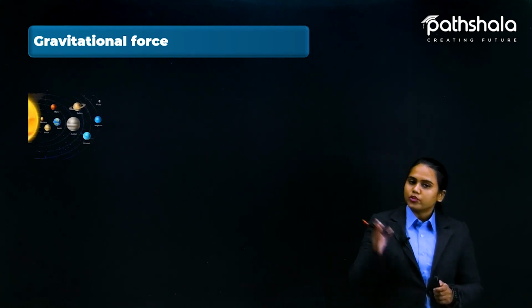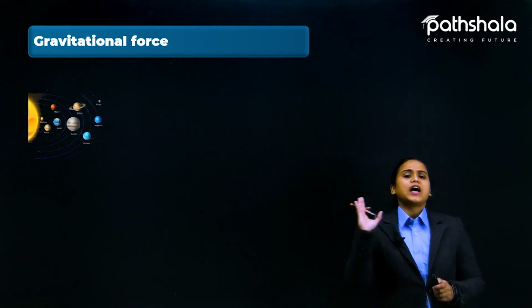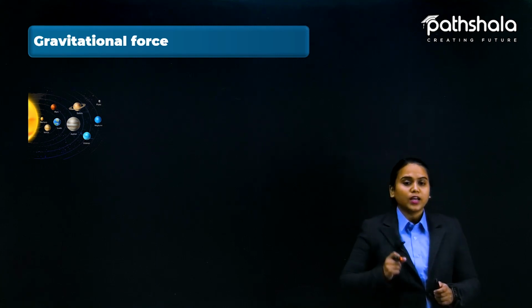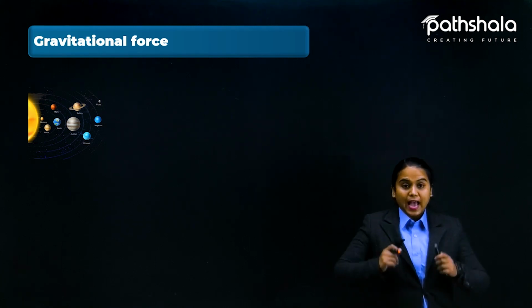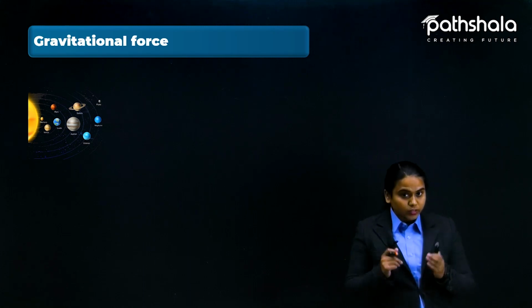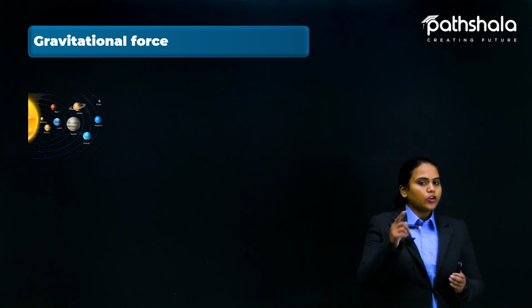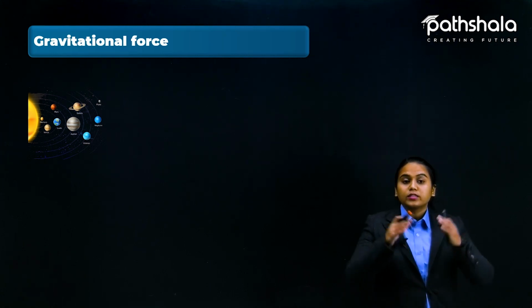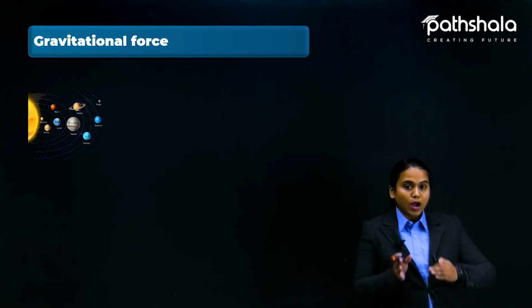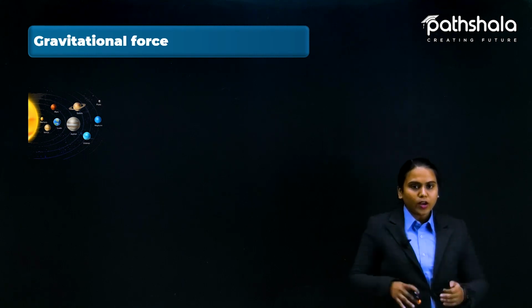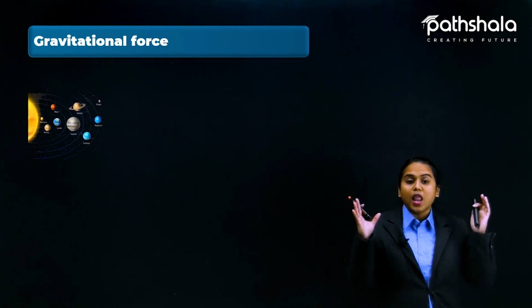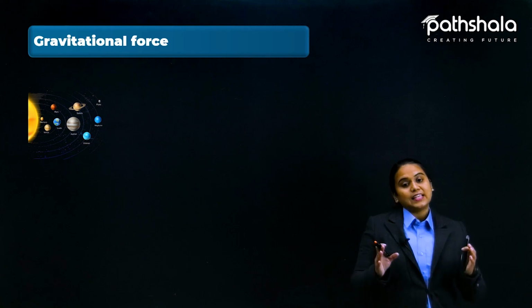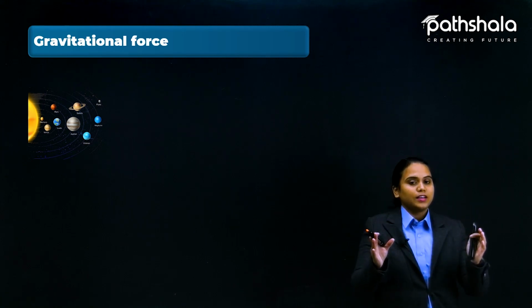That is why in our solar system, all the planets are actually revolving around the sun. Why? Because the sun has the largest mass in our solar system. So think yourself, is there any more mass compared to our sun, around our solar system, or in the universe, which is the largest thing that has the largest mass?